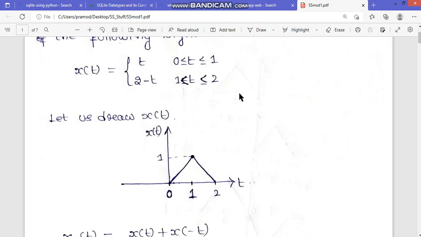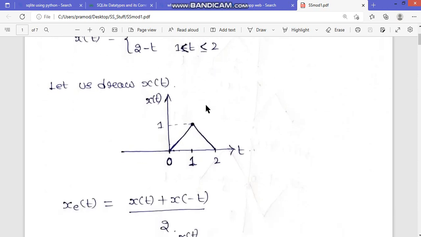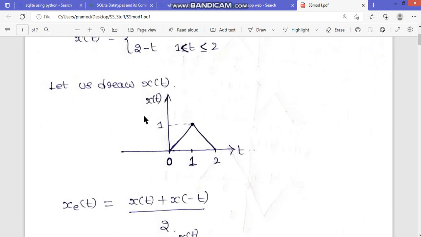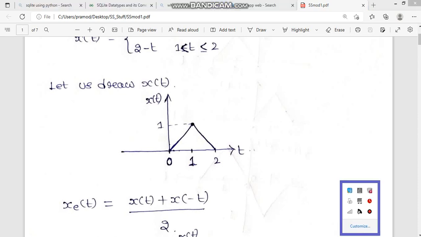Throughout your signals and systems course you should be able to map the given equation to a waveform and from a waveform to equations. Okay, so now let us come to the problem. So, give me a second.